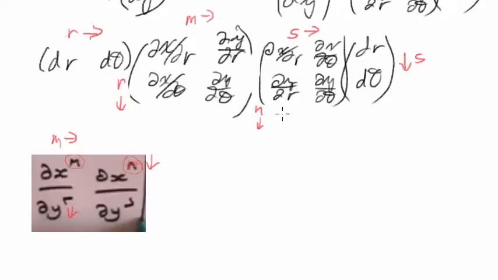So in order to fix this, you would need to change this to an m coming down, and that would basically fix it so that it would represent this fairly straightforward matrix multiplication, and it would have the nice advantage of giving, at the end, a scalar, which we expect out of ds squared.